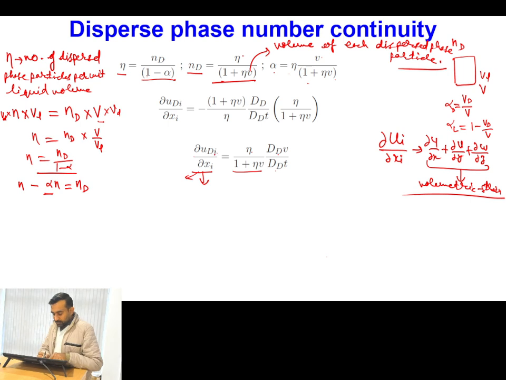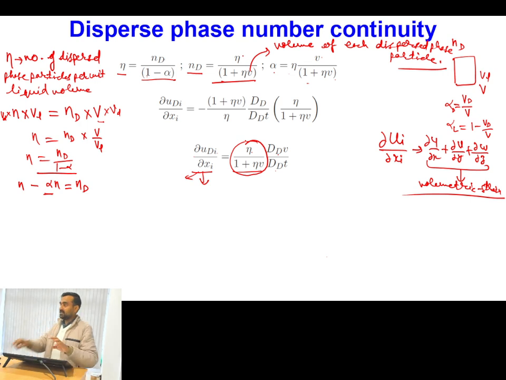So one important conclusion comes from here: the total volumetric strain of the dispersed phase is directly proportional to the total time rate of change of volume of each dispersed phase particle present in the control volume, and this proportionality is balanced by this number density formulation. Is this point clear? So this is an important conclusion.